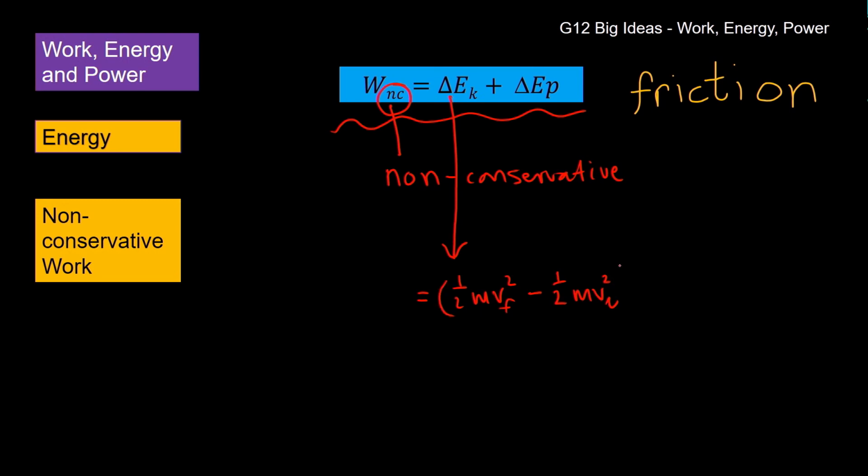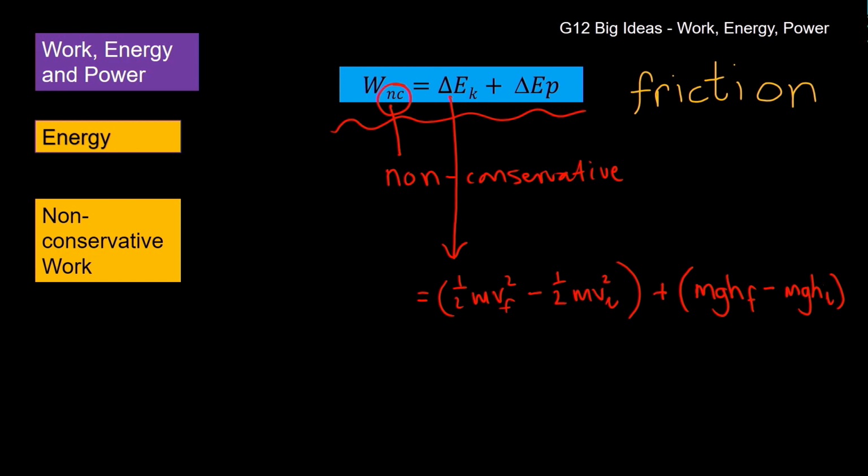That is the change in kinetic energy, plus m g h final, minus m g h initial. That is the initial height. So that is the change in the potential energy.